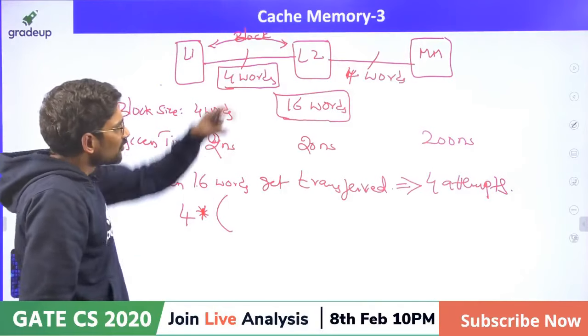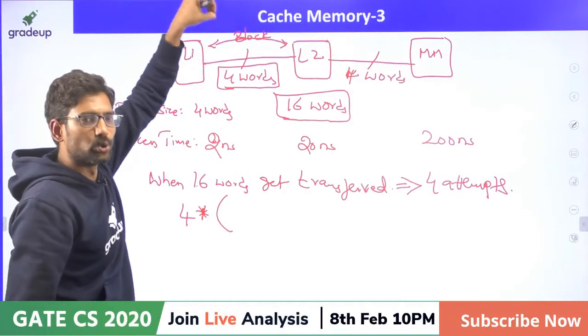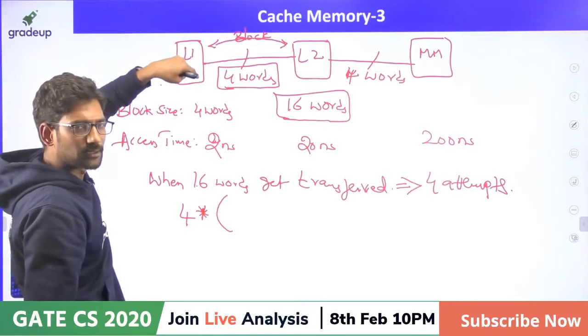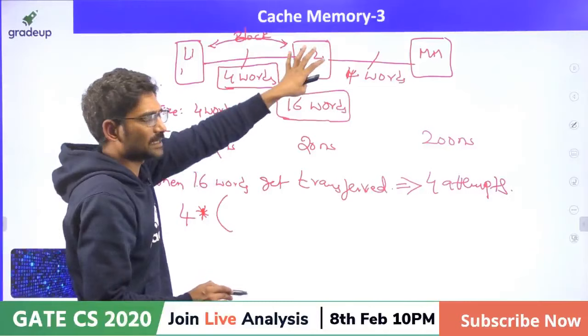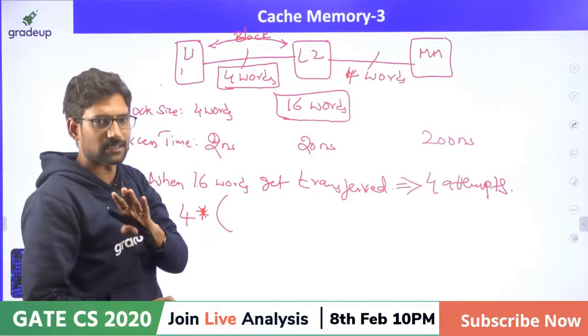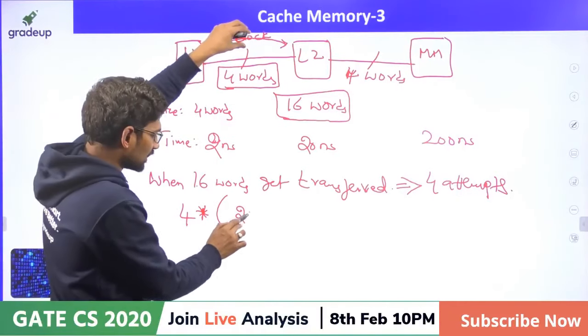Now, first it will read 4 words from L2 and write 4 words in L1, right? So what is the access time? Access means it could be a read access or a write access. What is the access time for L2? 20 nanoseconds.